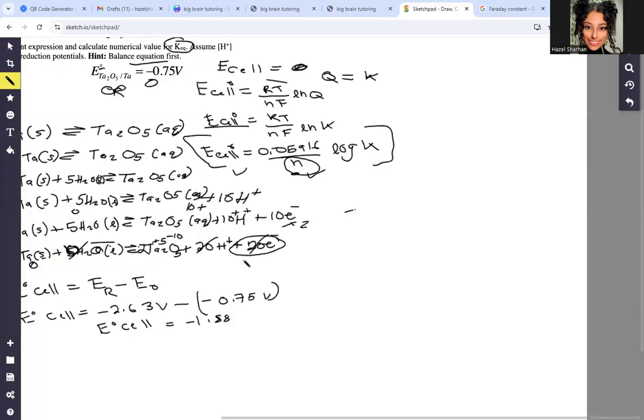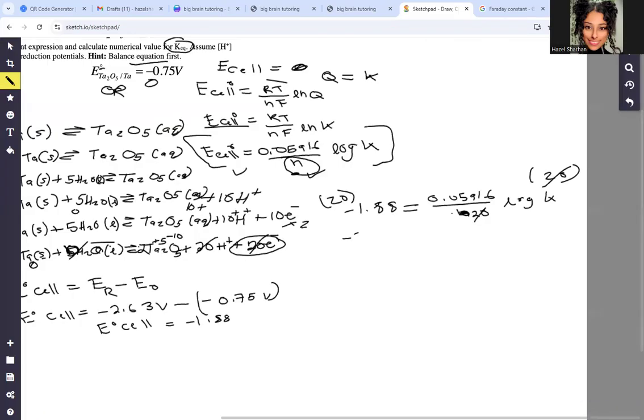Okay, so now we have -1.88 is equal to 0.05916 over, oops, this is known now as 20. That's this number right here, our moles of electrons. And then log of K. We multiply both sides by 20 to get rid of this one here. And we multiply this side by 20.